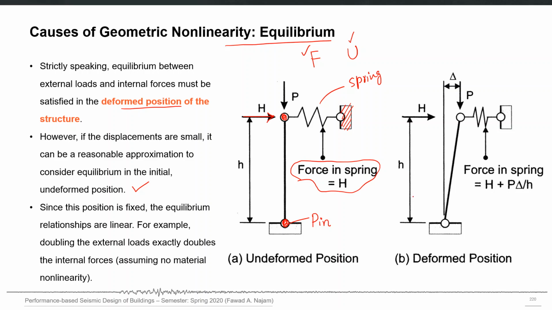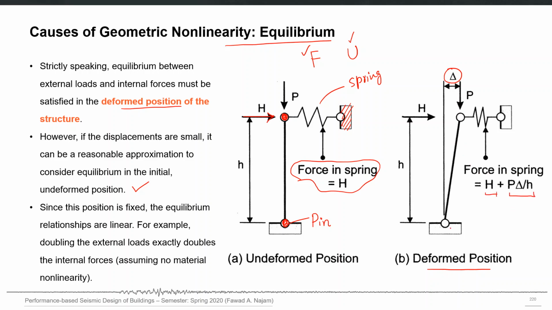But if we consider the equilibrium in the deformed position, when this H is applied, this point will no longer be here, it will move towards the right-hand side and there will be some force in the spring. The spring will have some axial compression, and there will be some capital delta caused by this lateral force H. Now if you apply the equilibrium equation on this deformed geometry, the force in the spring will be equal to capital H plus P times delta over h.